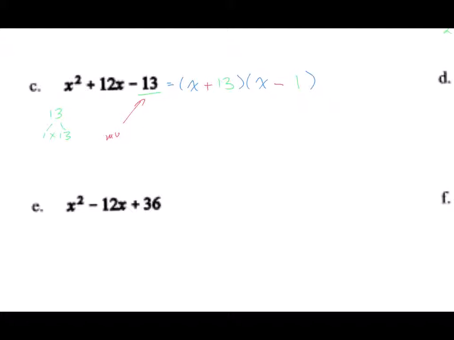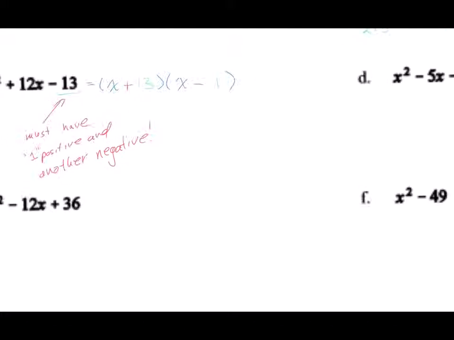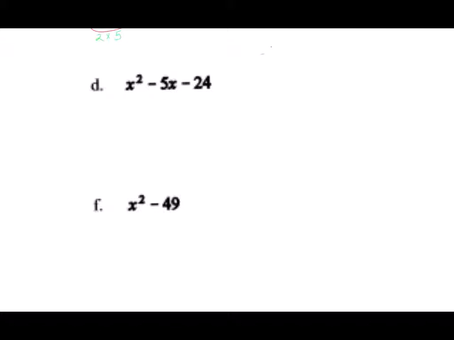That's because the minus 13 must have at least one negative number and one positive number. And we just have to mix and match until we get the right result. Alright, and now let's move on to the next problem.